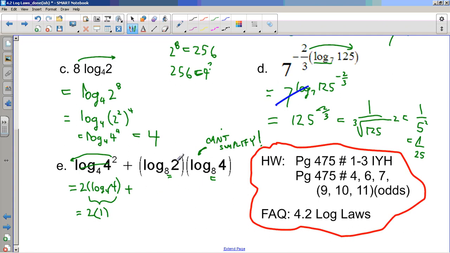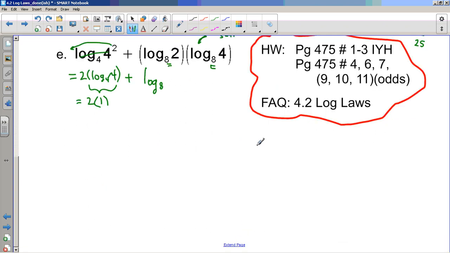No. I can write 2 actually as a power of 8, because that 2 there is the cube root of 8, isn't it? So I'm going to write log base 8. We have 2 cubed equals 8, so therefore 2 is equal to the cube root of 8.